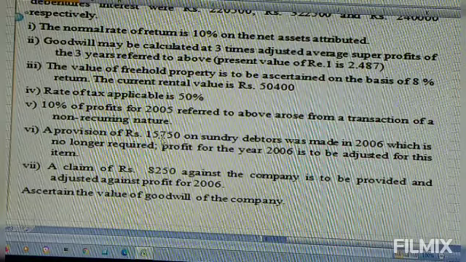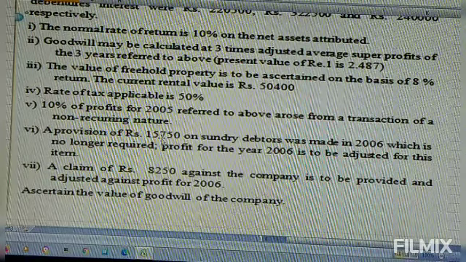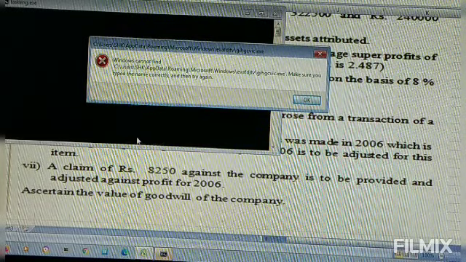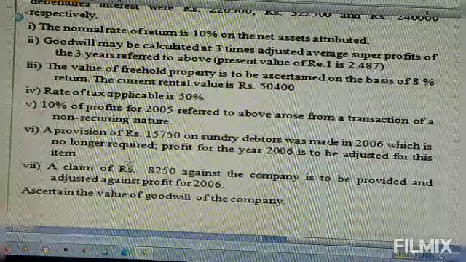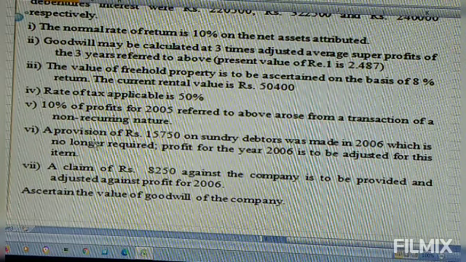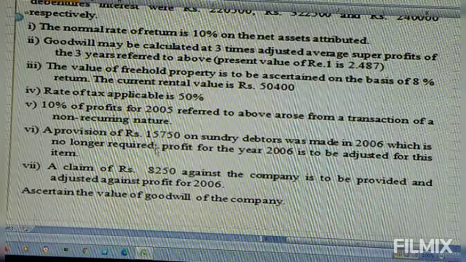Sometimes we think some debts are doubtful. To safeguard ourselves, we create the provision. So if there is a reserve for doubtful debts, and the debts are recovered, then that provision is not at all required and is to be cancelled. It should be added back to profit, so that to this extent profit will increase.